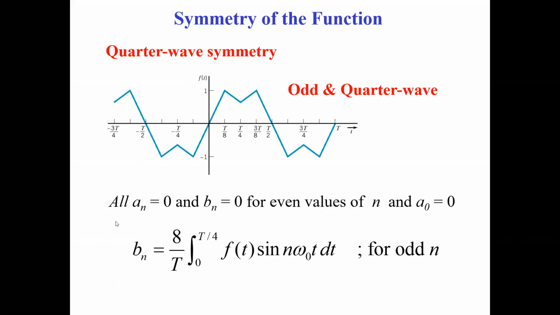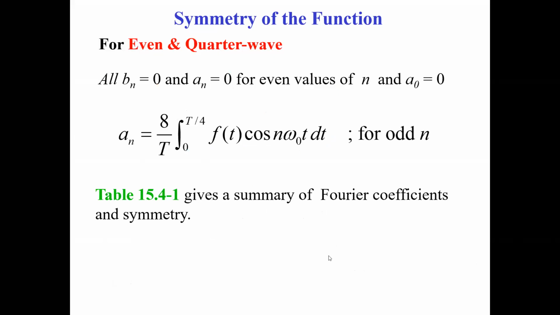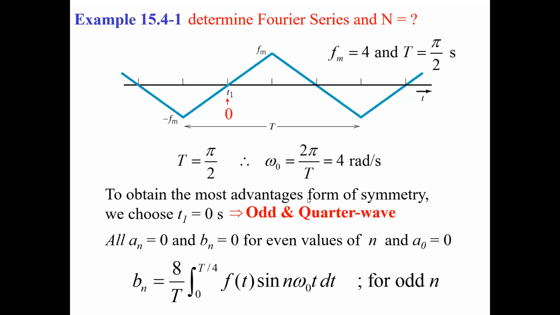And quarter wave symmetry. Some examples are there, they have given, and even in quarter wave. So they said this, and determine the Fourier series, and what is the value of n? So it is the triangular shape wave.